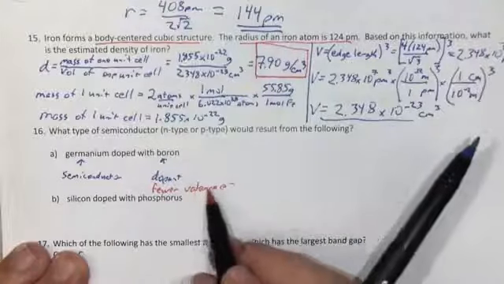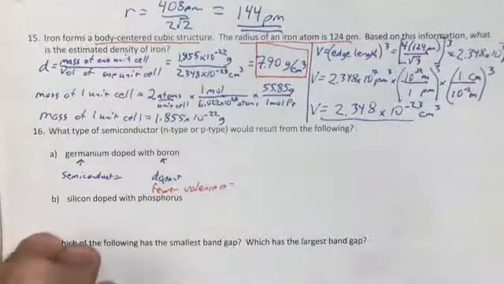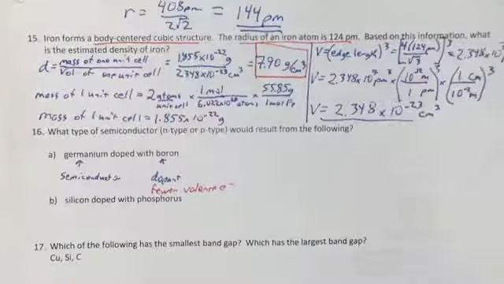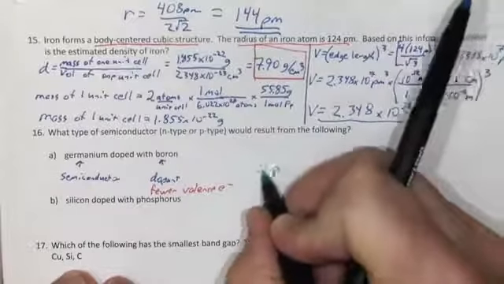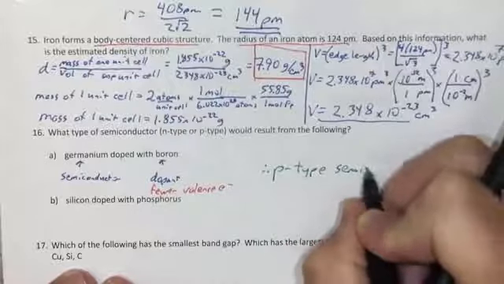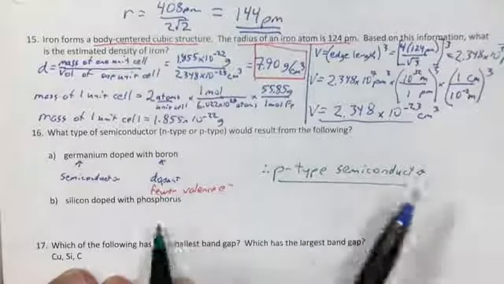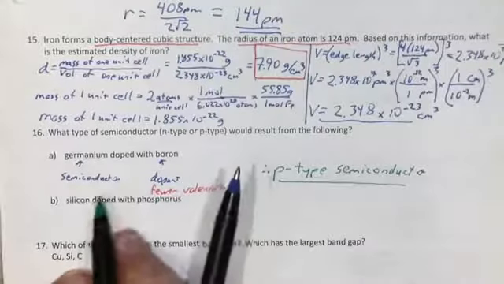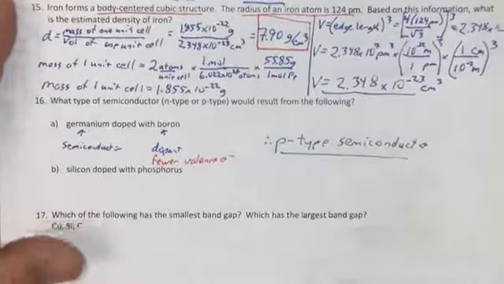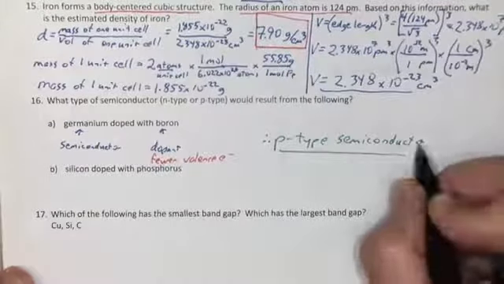And that means that if there's fewer electrons, it's got holes, and therefore this is a p-type semiconductor. If the dopant has fewer valence electrons than the semiconductor, then the electricity will be conducted through the positive holes, so it's a p-type semiconductor.